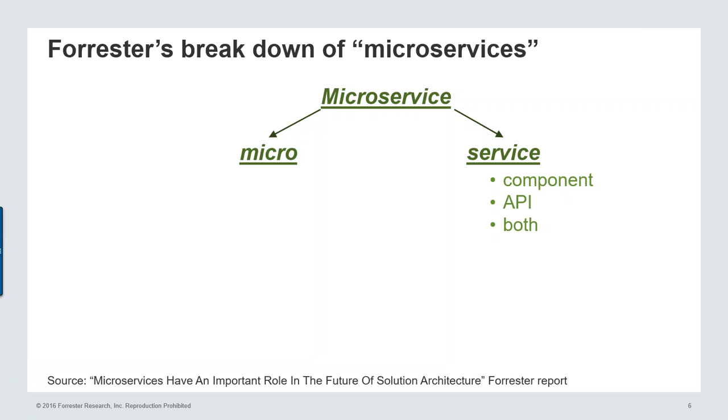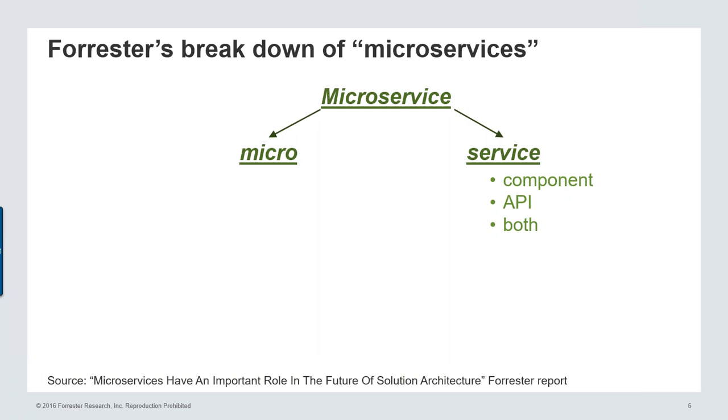I wish the industry would talk about it only from the component side, because that's where the real value is. When you talk about microservices from the API side, you pretty much just get back to best practices for API design and pulling forward a bunch of best practices from SOA. But nonetheless, the industry talks about it in both ways, so I'll go with that.